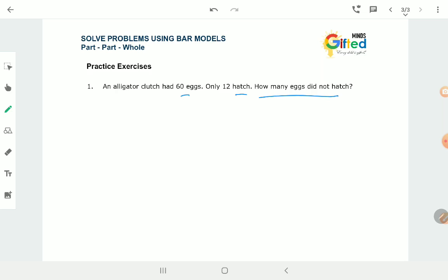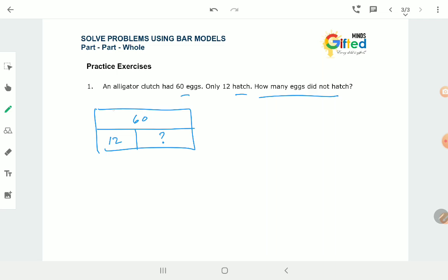So there are 60 eggs and 12 hatch and the rest did not hatch. So what does it mean? When you draw the model, you have your 12, this is what you don't know, and that is 60.